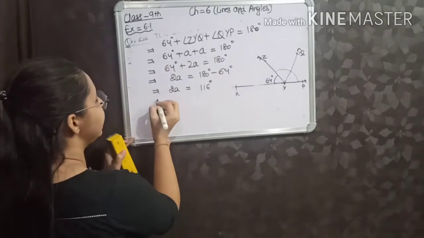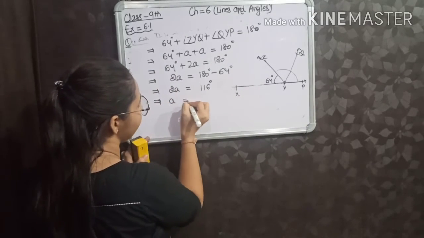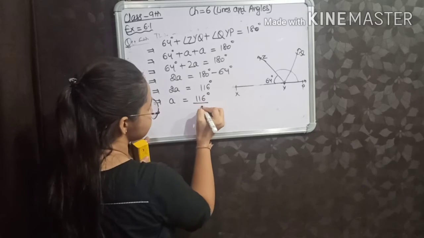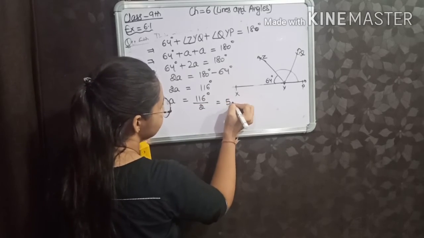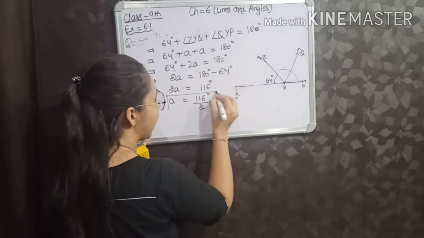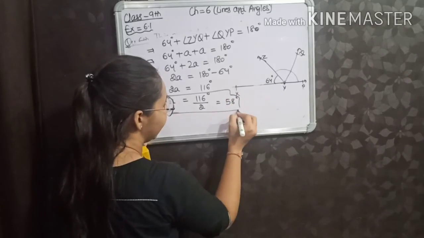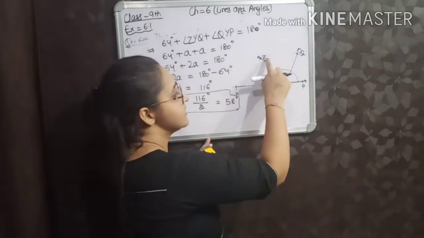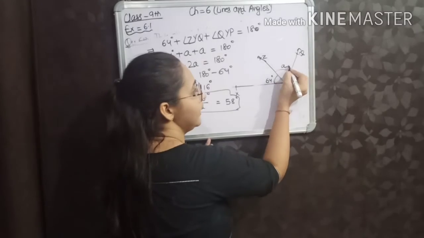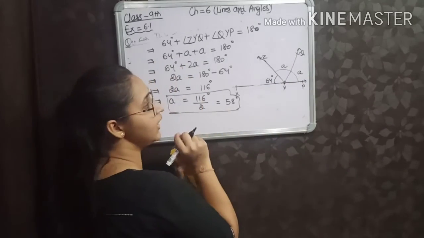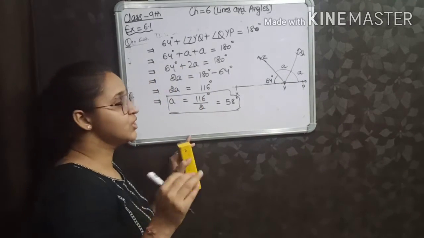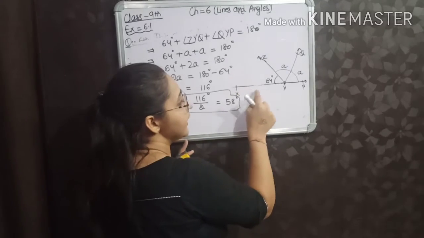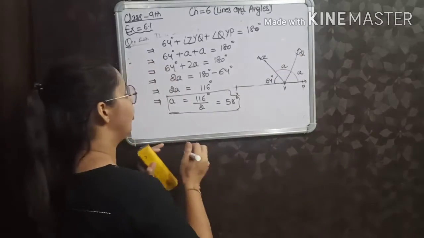And finally, it will give you the value of A as 116 degree divided by 2, that is 58 degree. So we have the value of A. The value of A is ZYQ, this angle and this angle. This is 58 degree.